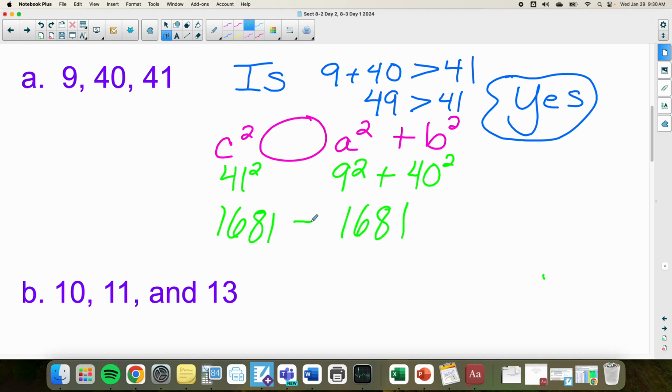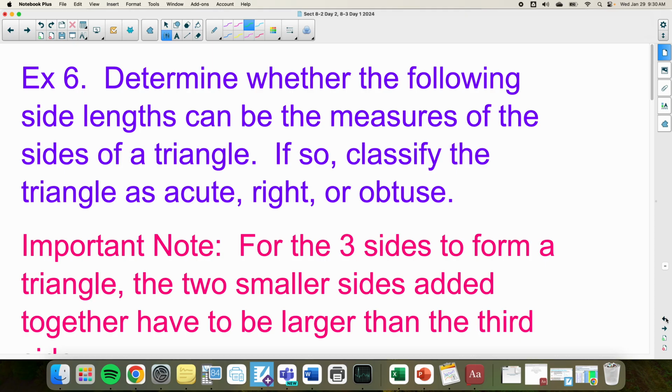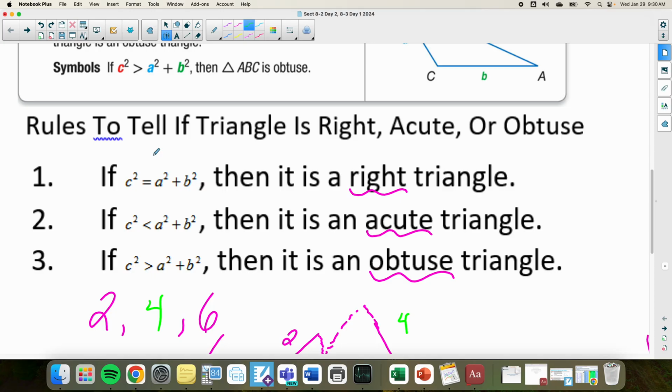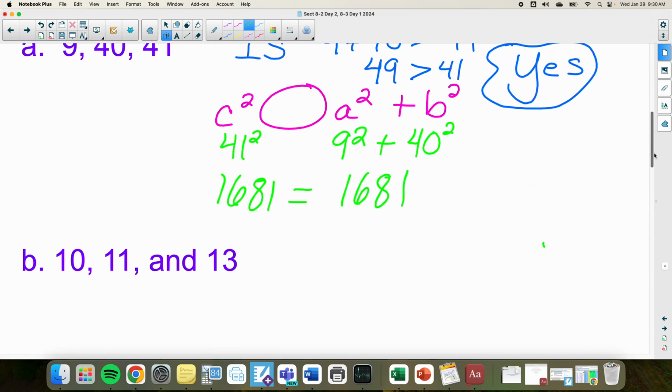So obviously those are equal, okay? So I have to go back here. And if they're equal, that means that it's a right triangle. So that's kind of what we did yesterday. A squared plus b squared equals c squared. So this is right.